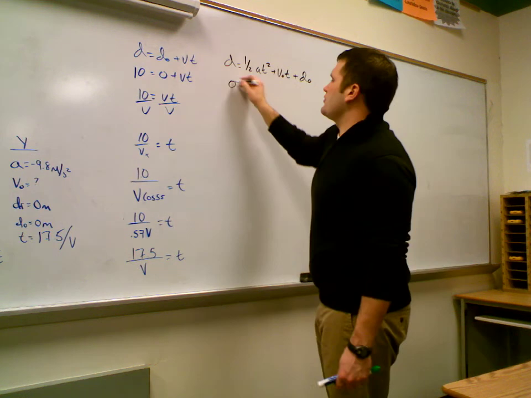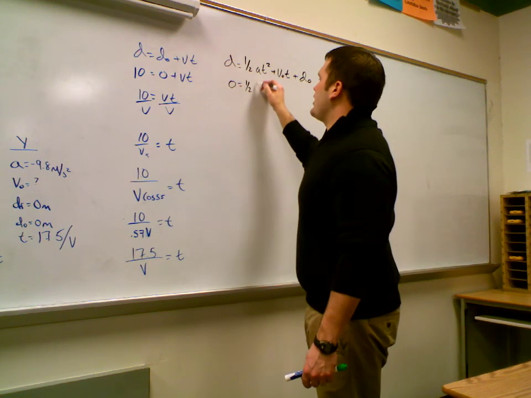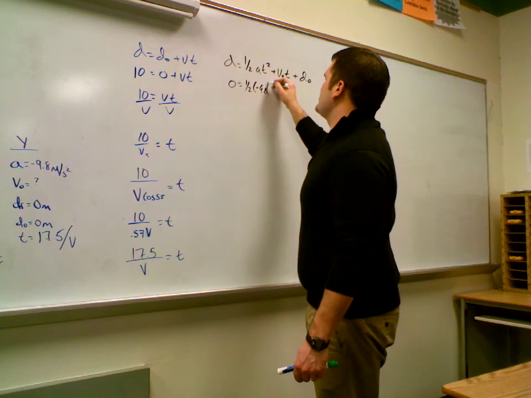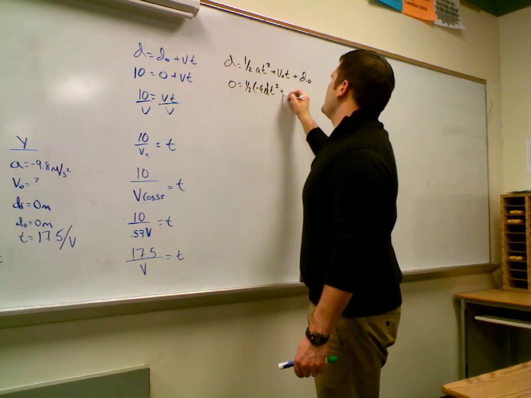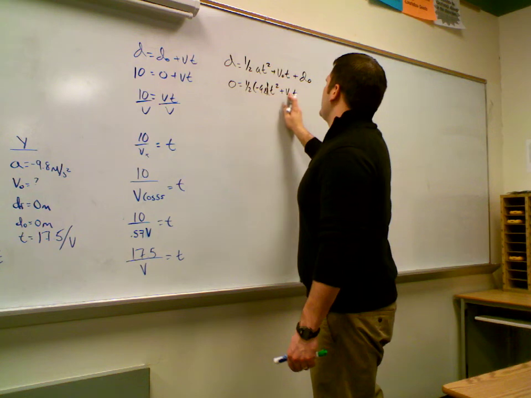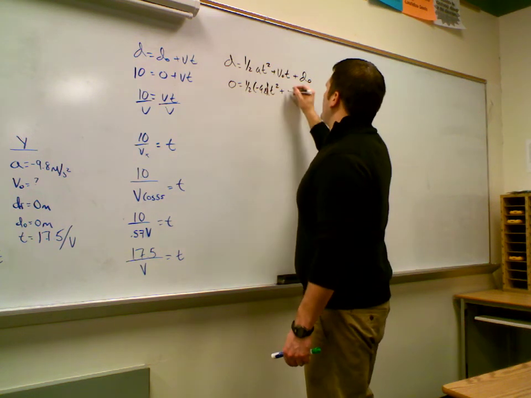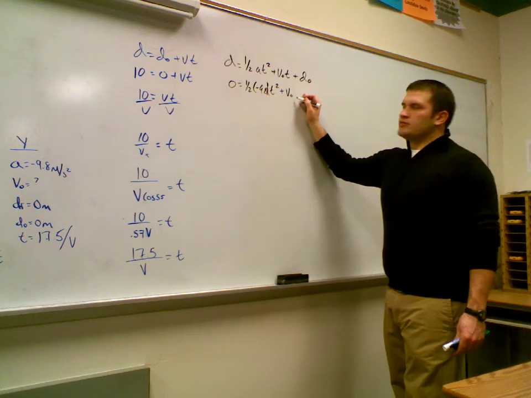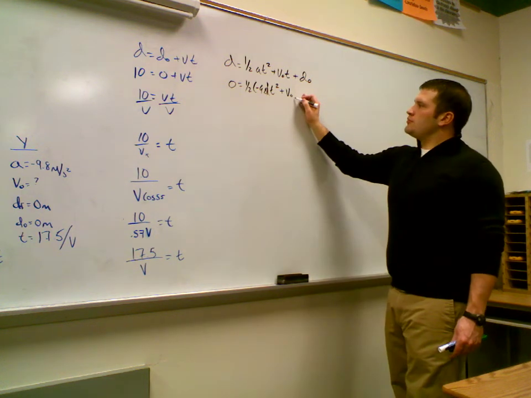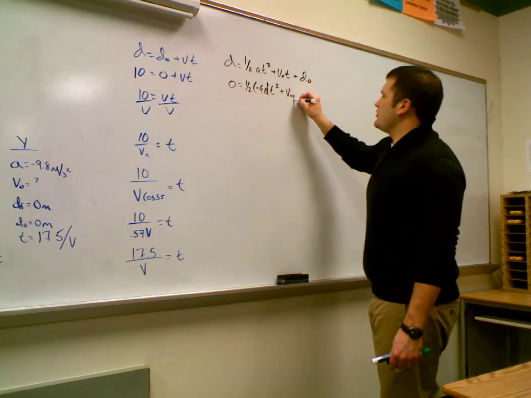Zeros. So you start on the ground, you end on the ground. 1/2 times negative 9.8 t squared plus v naught t. Oh, no. We don't know v naught. Sorry. And this v naught, is it in the x or the y? The y, right?